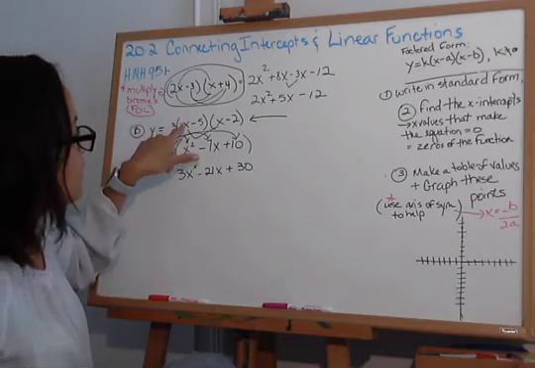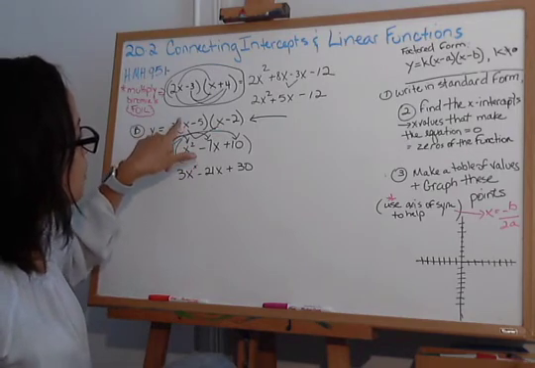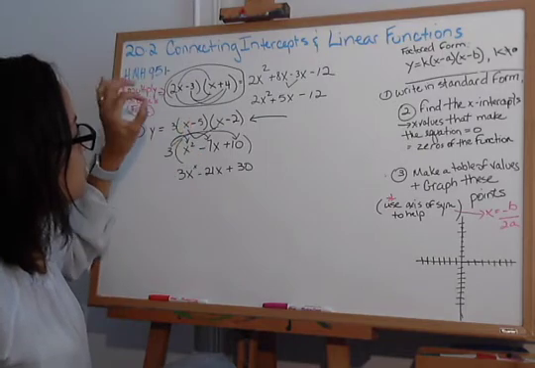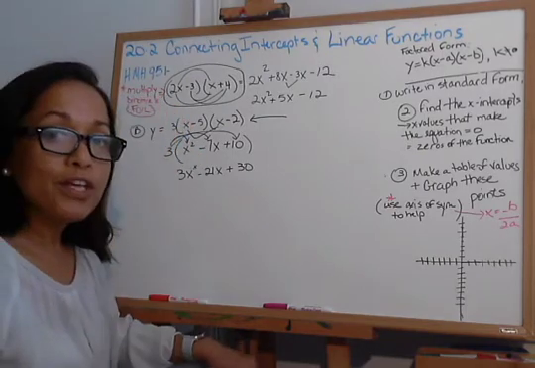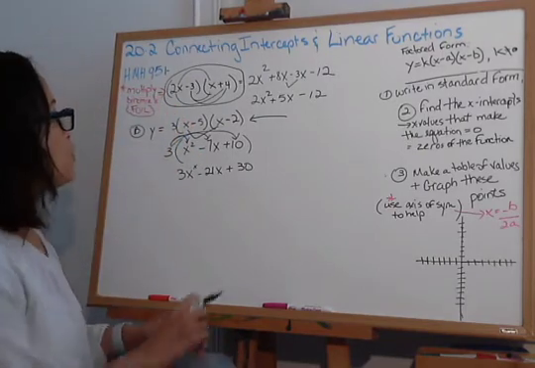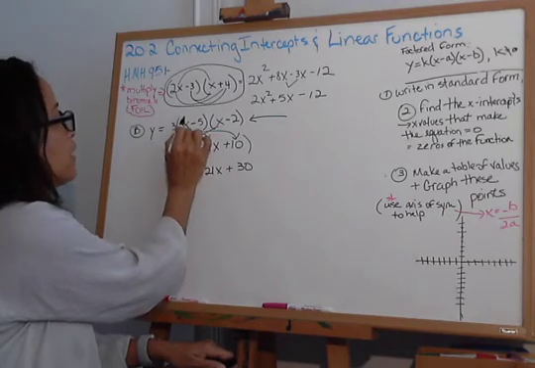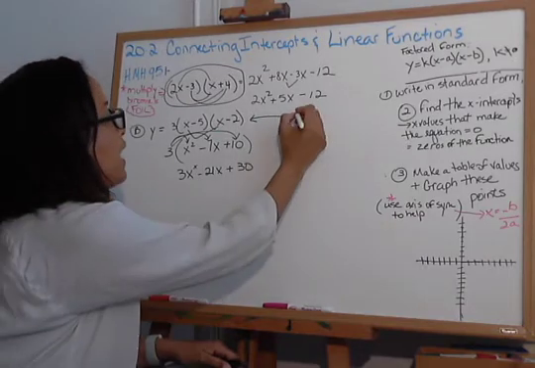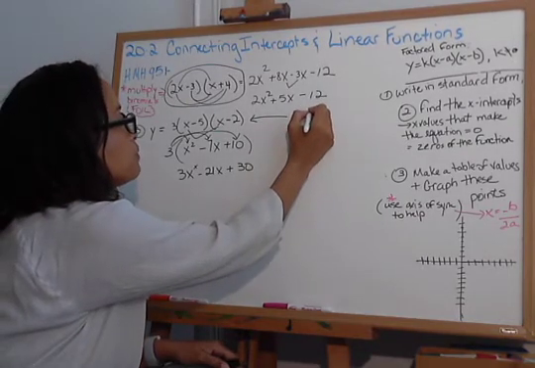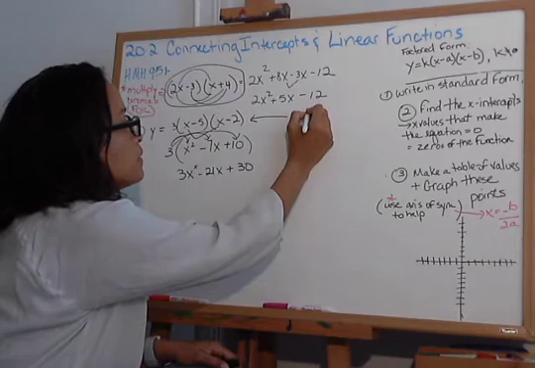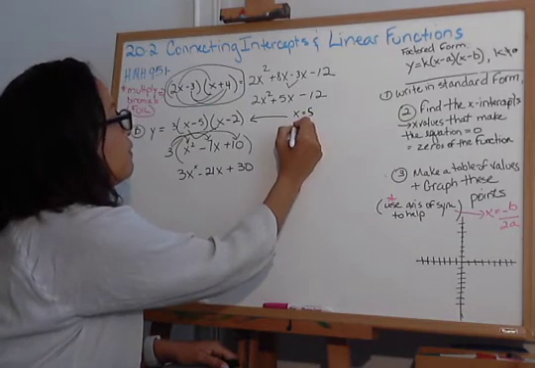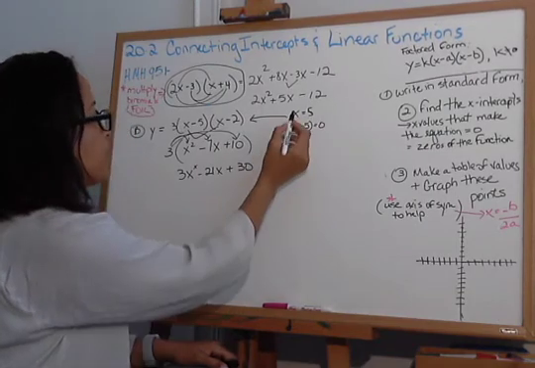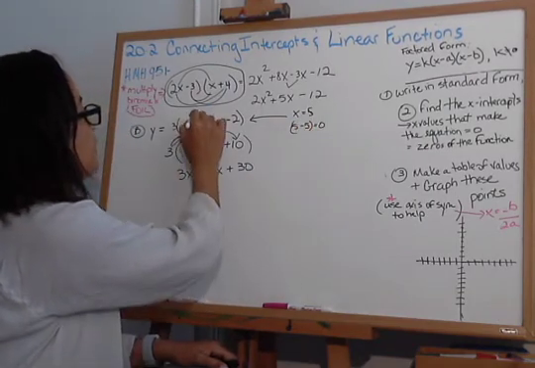But if this x was a number that would make this amount 0, then that would be a 0 value, or what they call an x-intercept. So what amount of x minus 5 would equal 0? 5. If x was equal to 5, let's check it out. So if I had 5 minus 5, that would equal 0. So when x is 5, then that is an x-intercept.